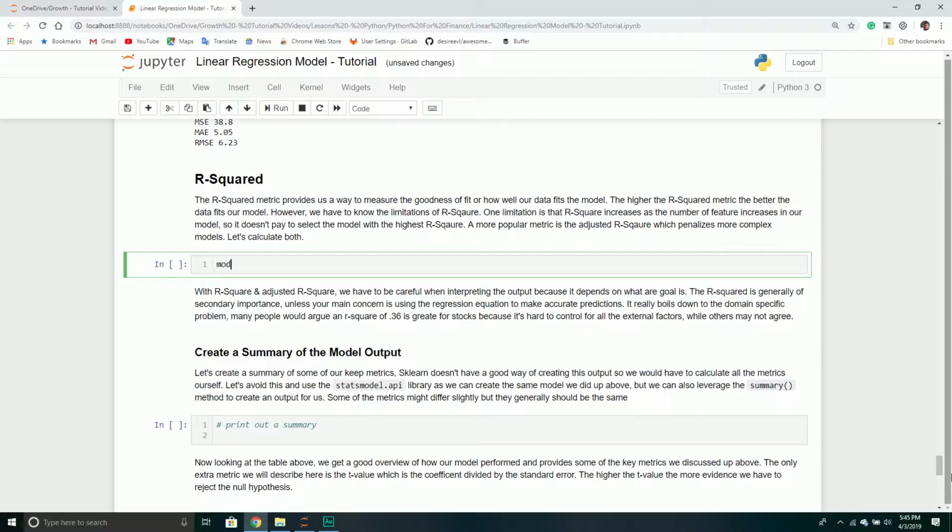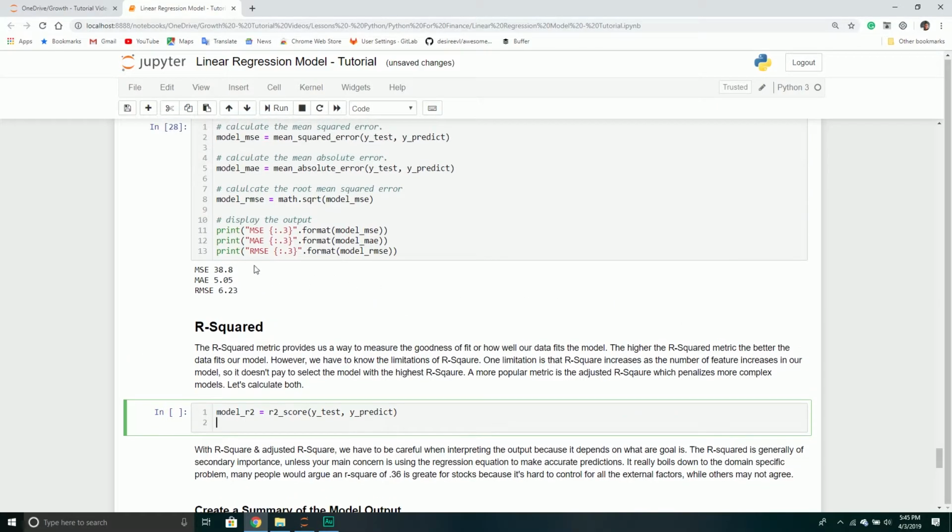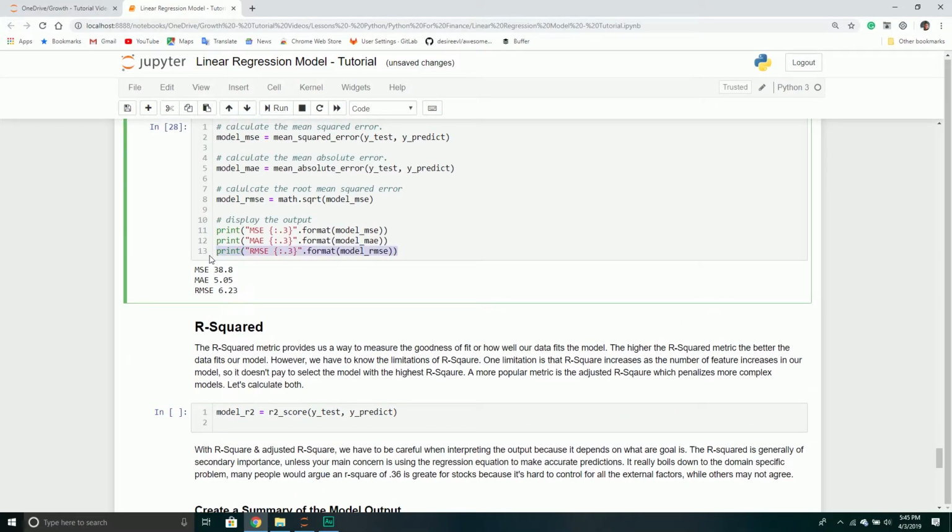But for here, we'll take the R2 score, and then we'll call the Y test and then the Y predict. I'm just going to copy this one because it's easier.